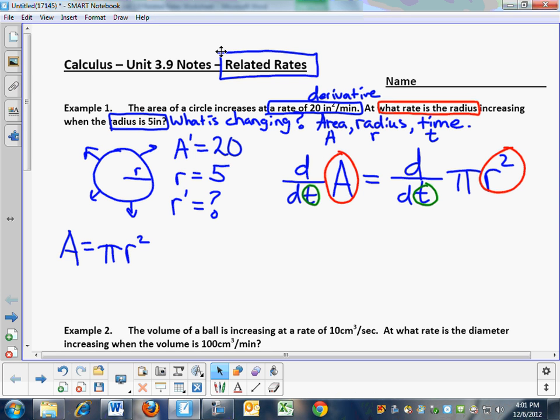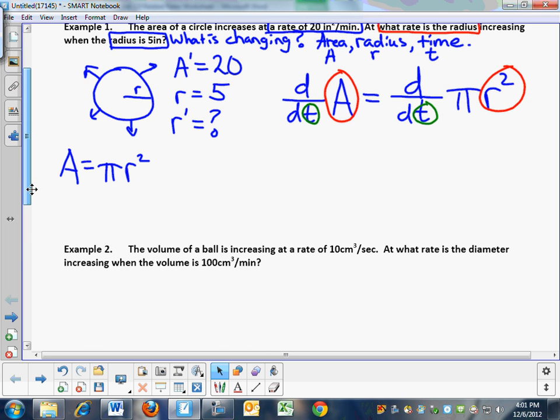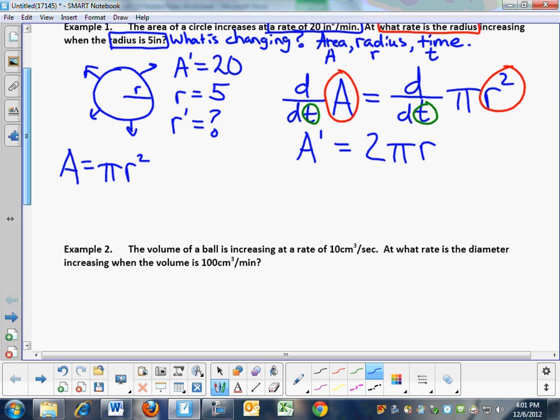Therefore, we have a situation where we need to use implicit differentiation. The derivative of A is A prime. Derivative of pi r squared is 2 pi r r prime.